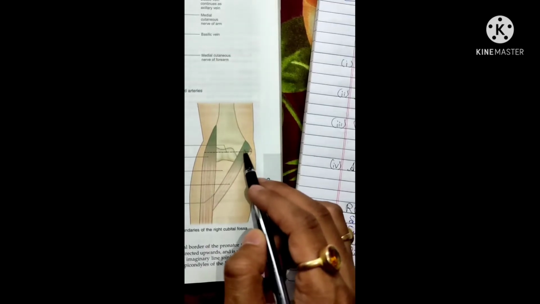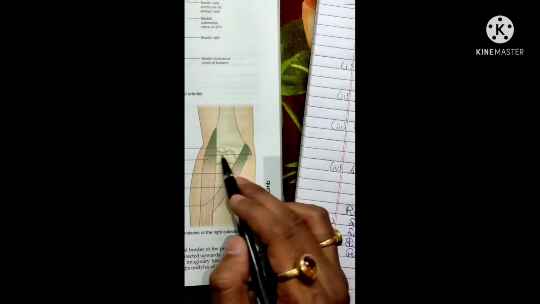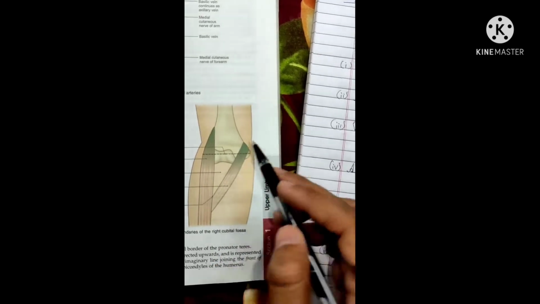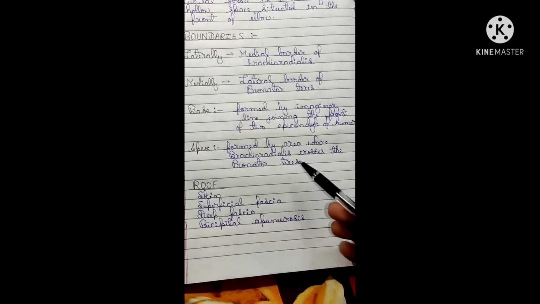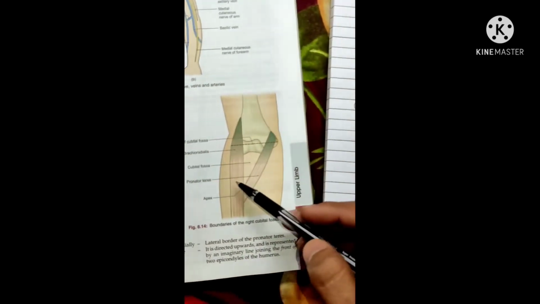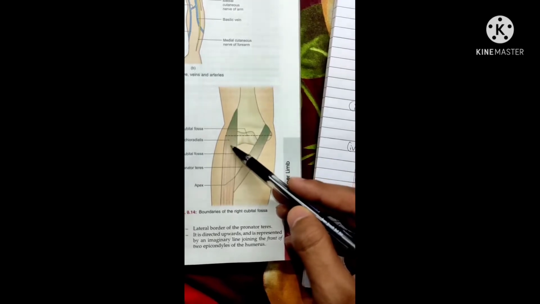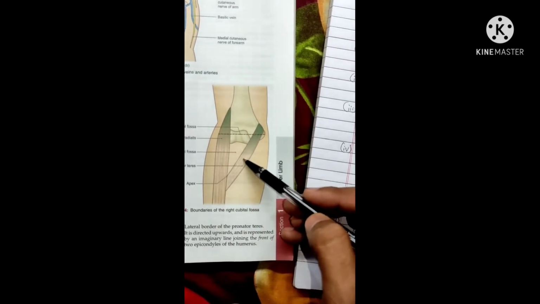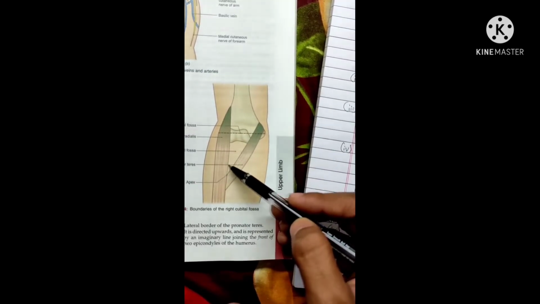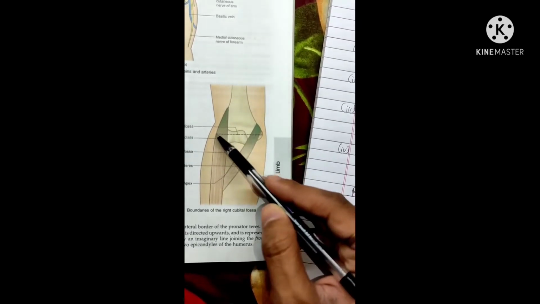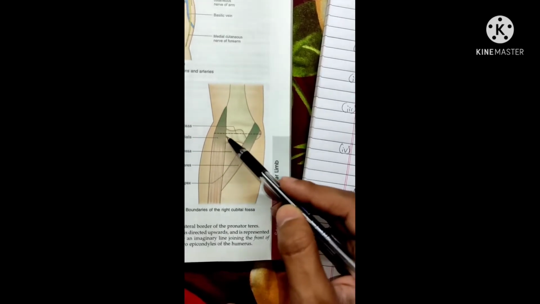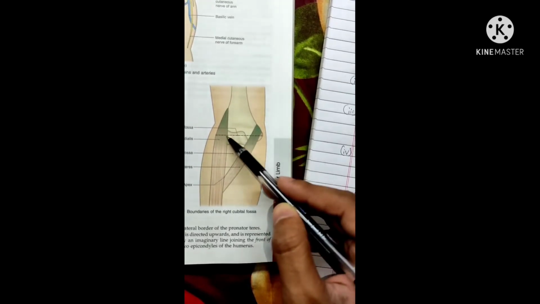This is the humerus bone, and this is the imaginary line joining the two epicondyles. It forms the base. And what makes the apex? It is formed by the area where brachioradialis muscle crosses the pronator teres muscle. This is the apex of cubital fossa, this is the base, and this is the triangular depression, the cubital fossa.